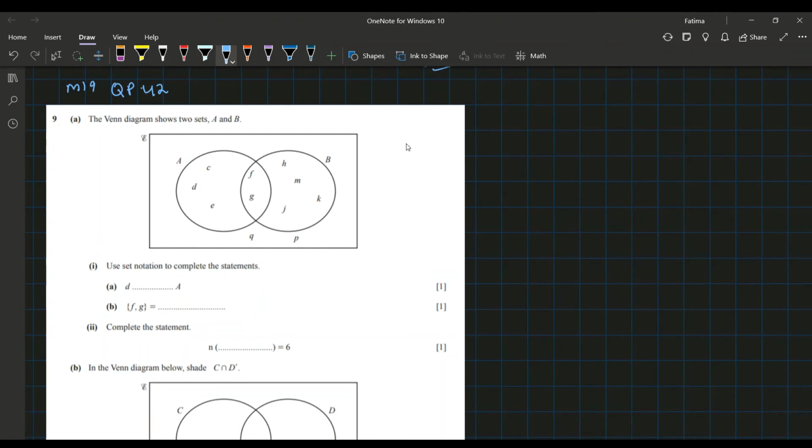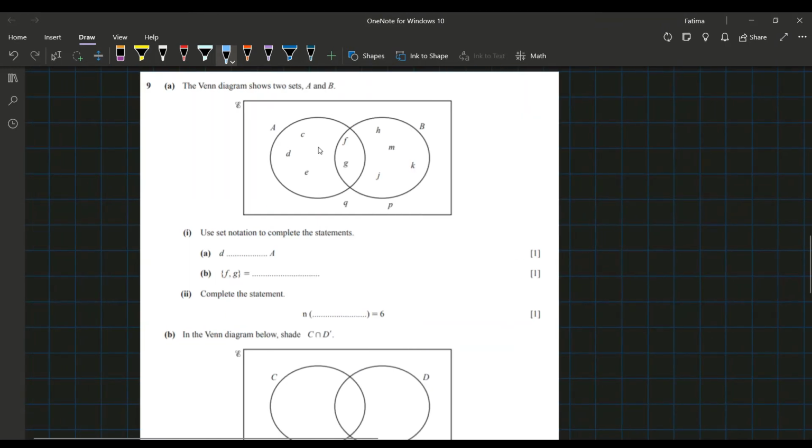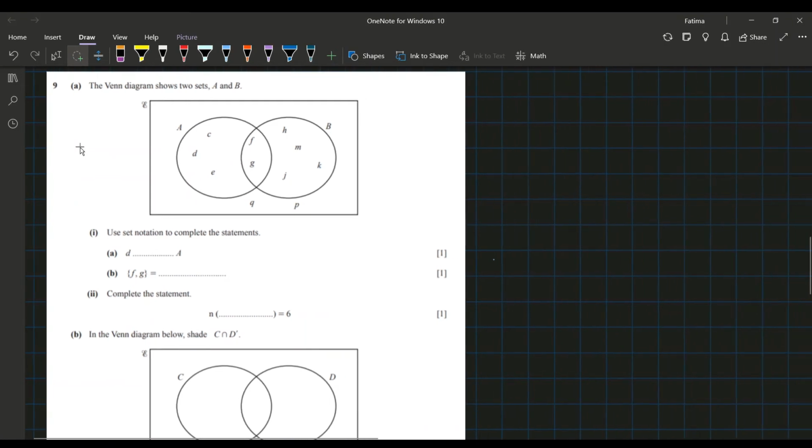So the next question I'll be solving is a past paper question. It's from March 19, question paper 42. It's question number 9. So in this question, we're told that the Venn diagram shows two sets, A and B, and the sets contain elements which are alphabets, and we have to use set notation to complete the statements.